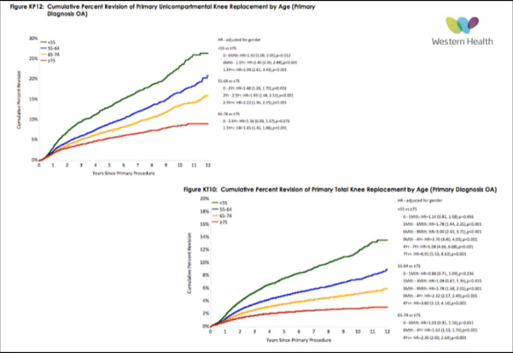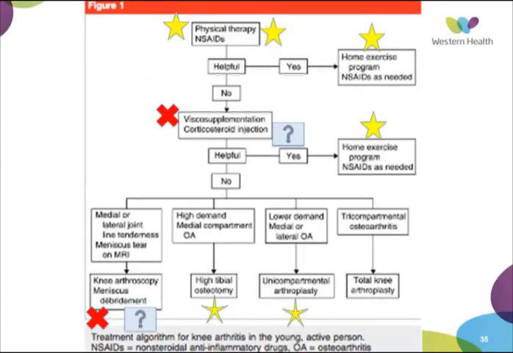And that's comparing that with the primary total knee, where you can have a look at 12 years is greater than 25% revision rate in a person younger than 55 if they have a unicomp. So, unicomps, if you choose the right person, can have some benefit and can stave off a total knee, but it is also not the panacea, half gold star.